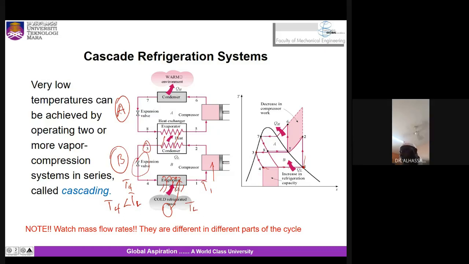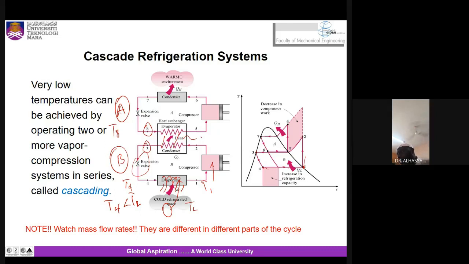Now, if we look at the second, the top refrigerator, here again, at state 8, the fluid enters the evaporator. Okay? So what is happening over here is that the temperature at state 8 is much, much lower than the temperature over here.